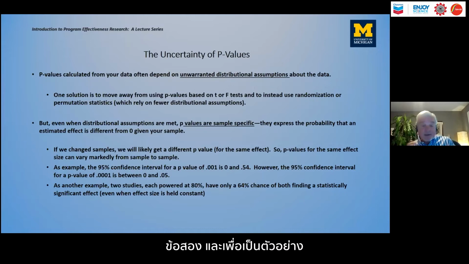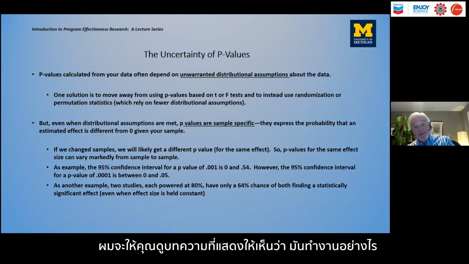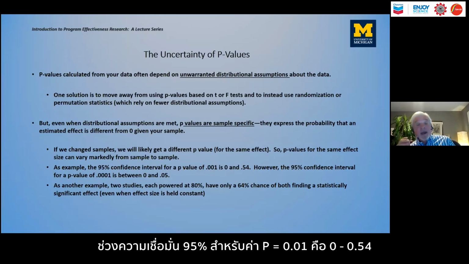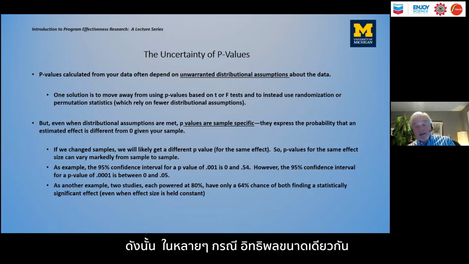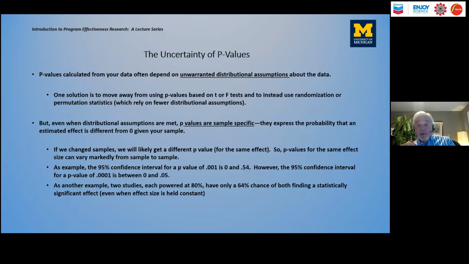Second, and just as an example of this, and I give you a paper that shows you how this works, the 95% confidence interval for a p-value of 0.01 is 0 to 0.54. So in a lot of cases, the same effect would not be replicated at the level of statistical significance if I chose a different sample.